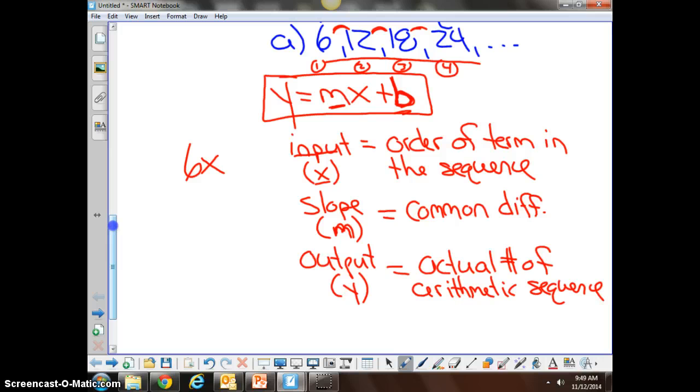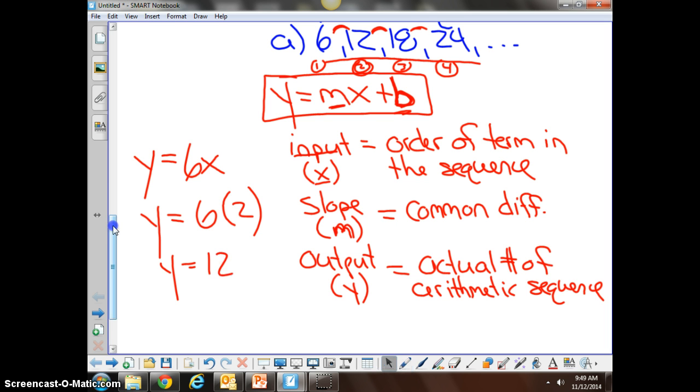And the last thing we need to determine is the y, which is the actual number of the arithmetic sequence. And remember, this depends upon what the input is. So if we want to know what y is when you get to the second term, we would input a 2. y equals 6 times 2. y equals 12.